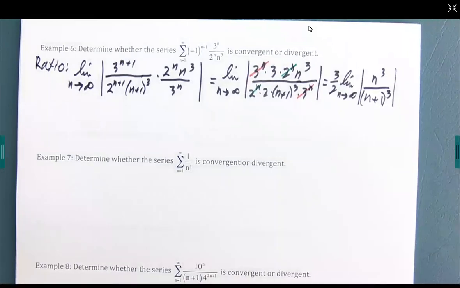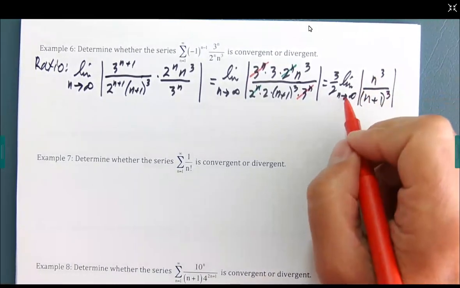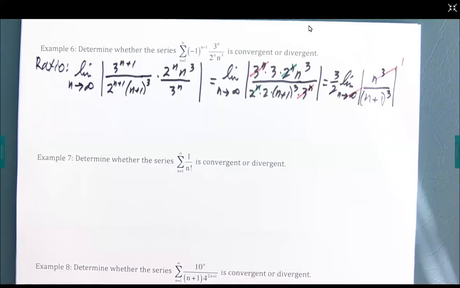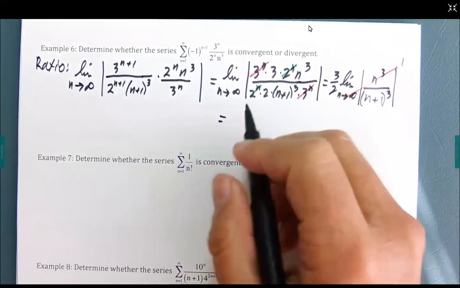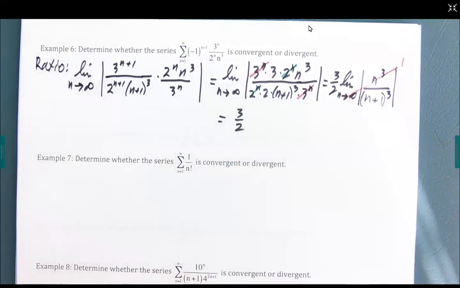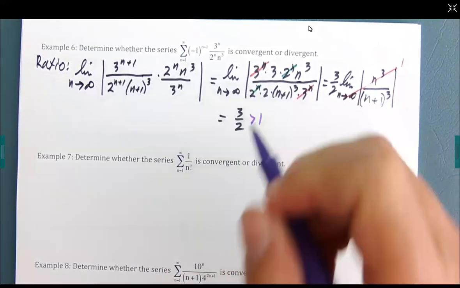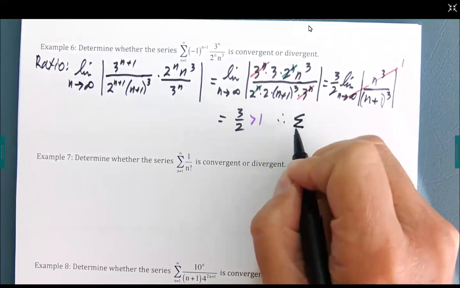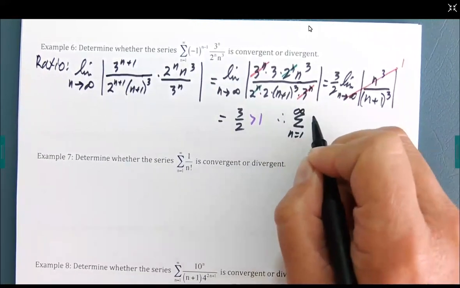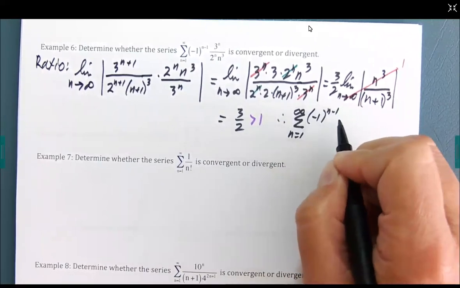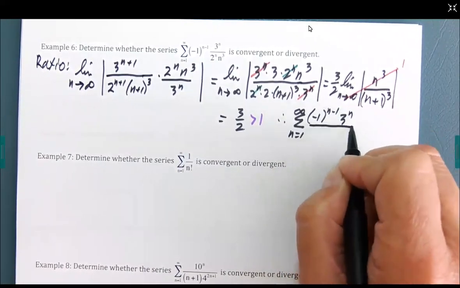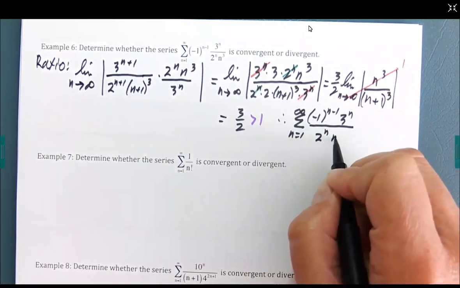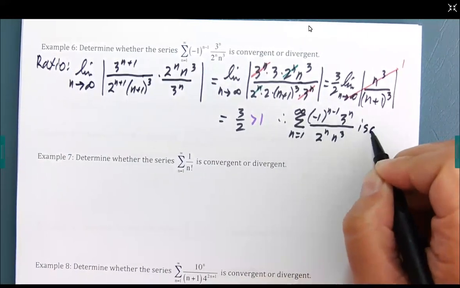This whole piece goes to a 1. Which means this limit is 3/2. And unfortunately, 3/2 is bigger than 1. Therefore, the whole series is divergent.